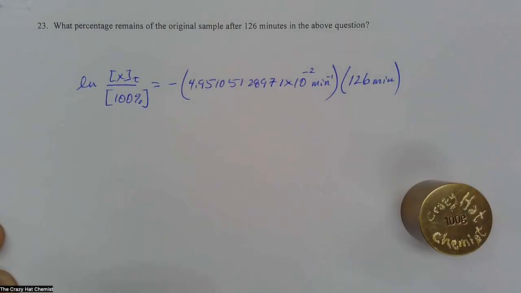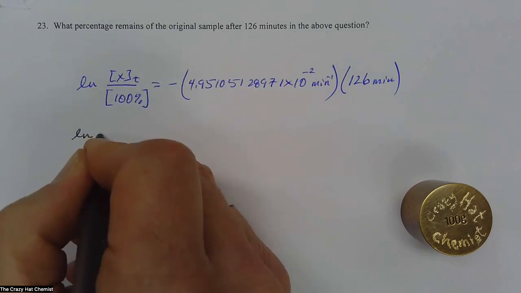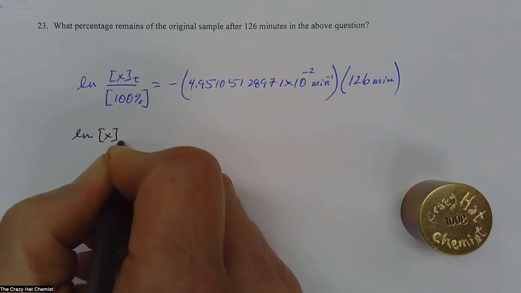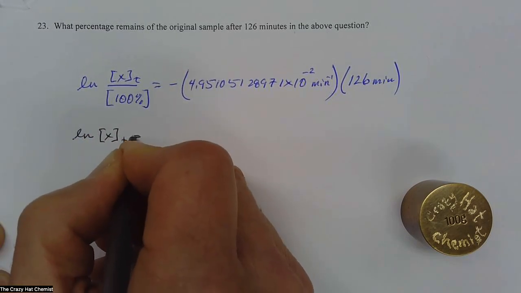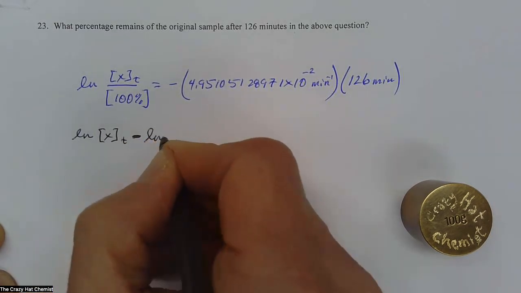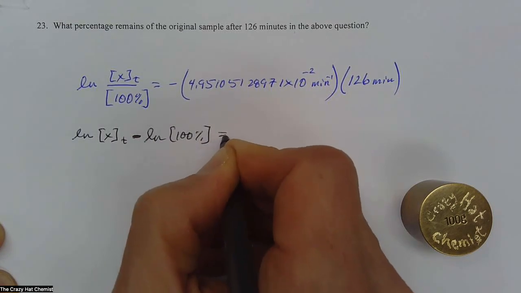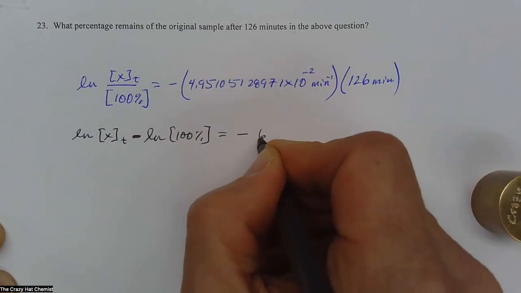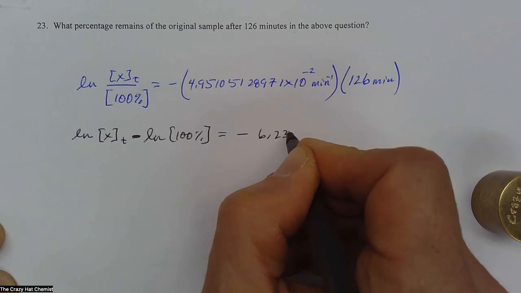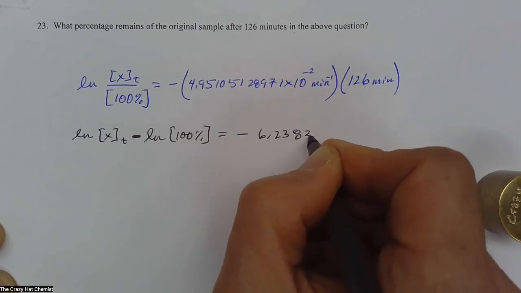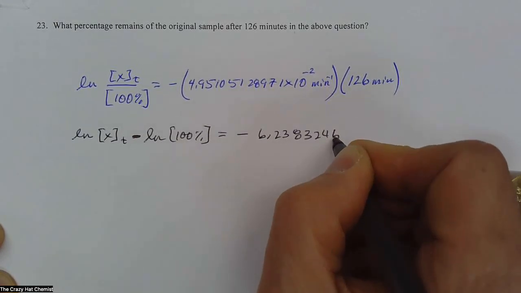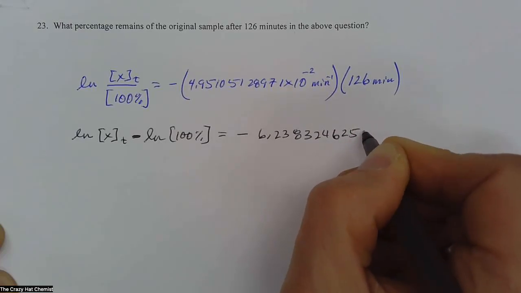And now what we're going to do is solve for x sub t here. Minus natural log of 100% is equal to a number, negative 6.2382462503.